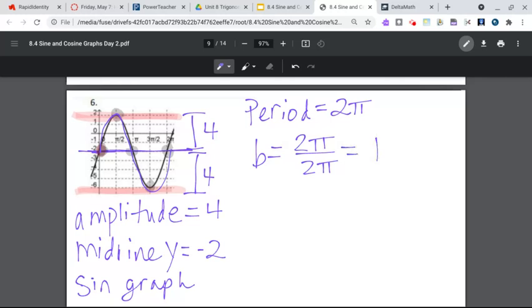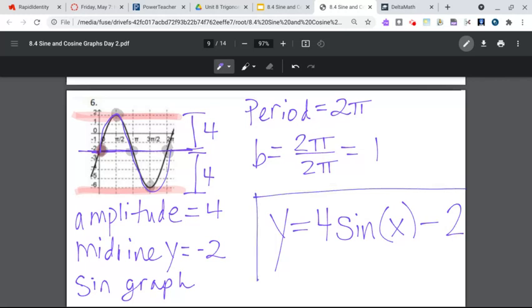Okay, there's no x-axis reflection because it goes midline to the maximum, back to the midline, down to the minimum, back to the midline. So our equation is y equals 4, our amplitude, sine, our b value is 1, so I'm just going to put an x, and then minus 2 at the end for our midline.